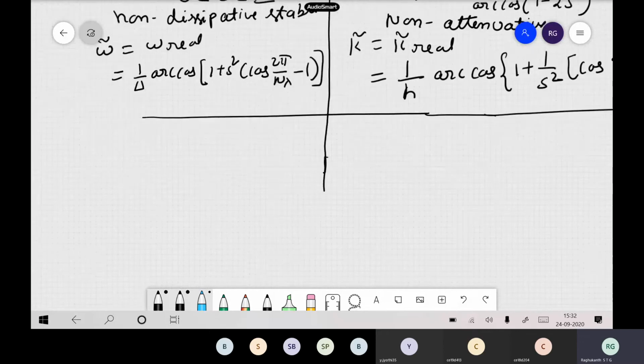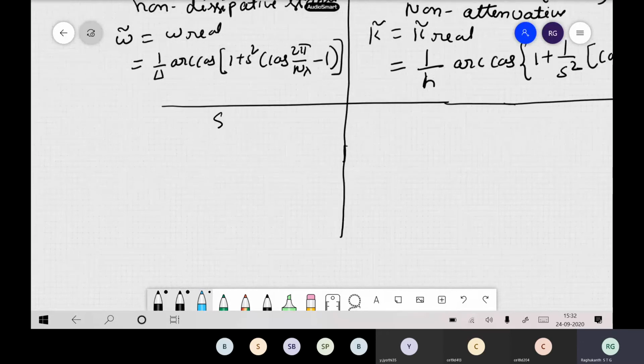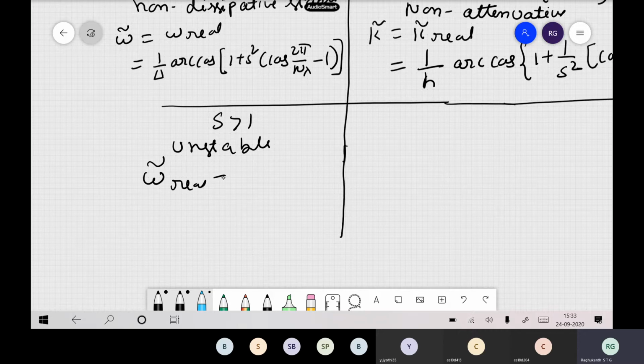Now we have unstable cases also. So s is greater than 1, so this is unstable. Here omega real is pi by delta t, and omega imaginary is less than 0. This is what we have observed.